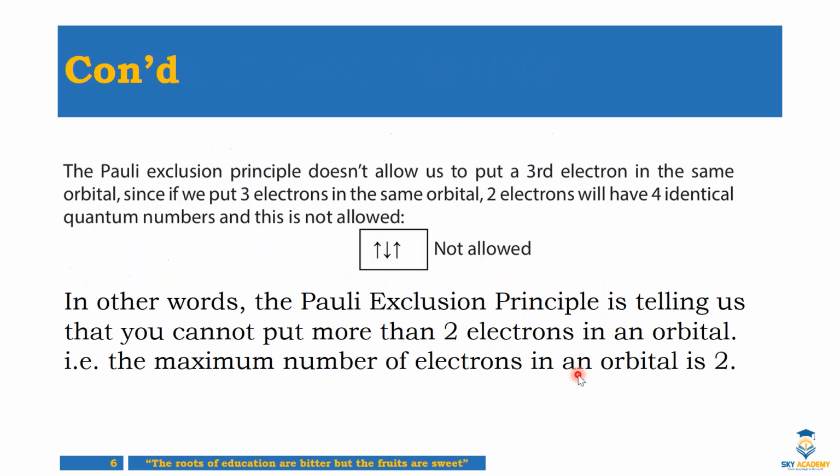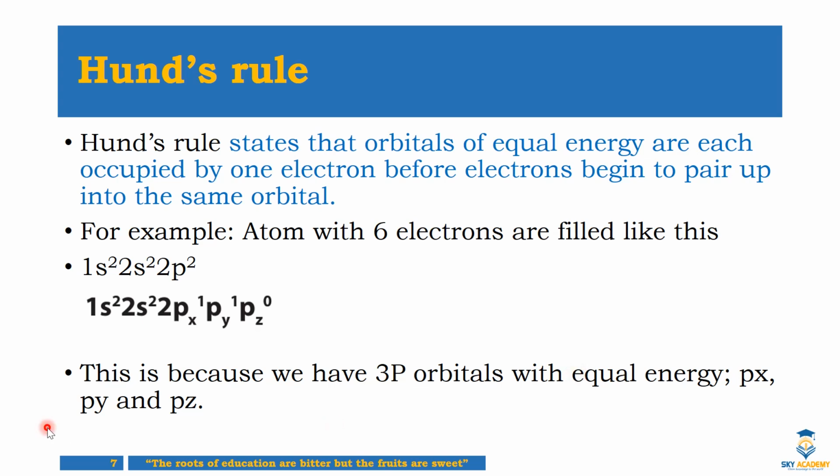Now we are looking at orbitals which have the same energy. For example, an atom with 6 electrons is filled like this. You have 1s, and you put 2 electrons.